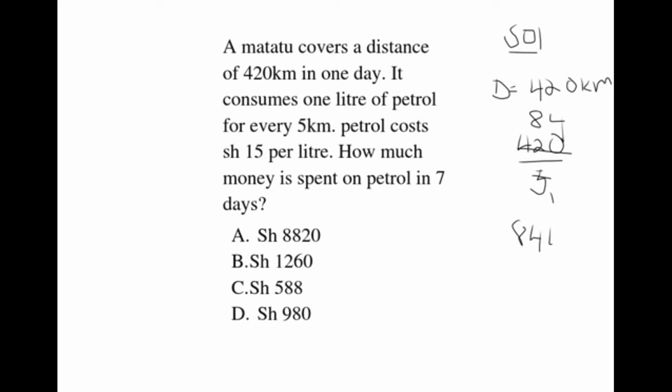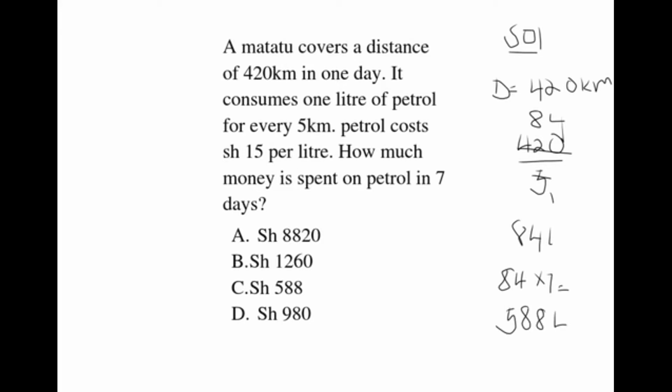Take these 84 liters which is spent in 1 day, multiply by 7 so that we can know within the 7 days how many liters of petrol will be used. Therefore, we have 84 times 7. This will give us 588 liters.